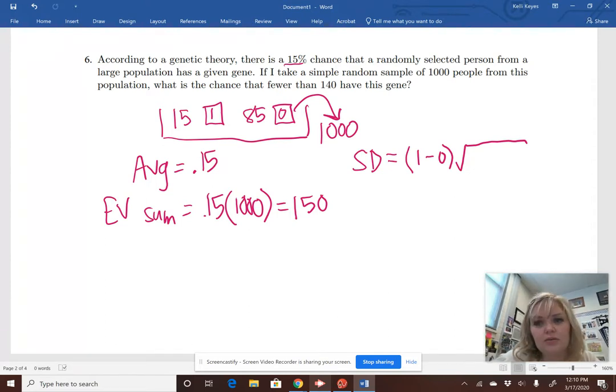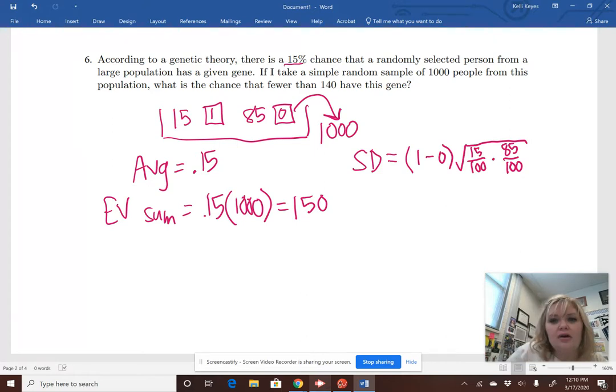It wouldn't matter. So 15 out of 100 are ones times how many are zeros, 85 out of the 100, right? So then that really is going to be the same as just the square root of 0.15 times 0.85.